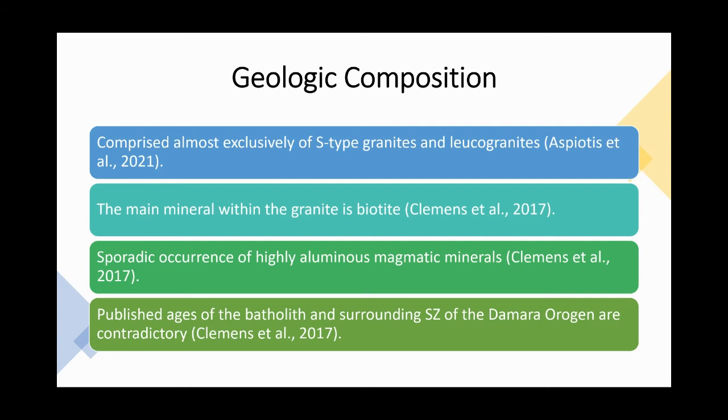The published ages of the batholith and the surrounding southern zone area of the Damara orogen are all highly contradictory. Extant geochronological studies suggest that these apparent contradictions may be due to different phases of the diachronous batholith having been emplaced over a protracted period of nearly 30 million years.